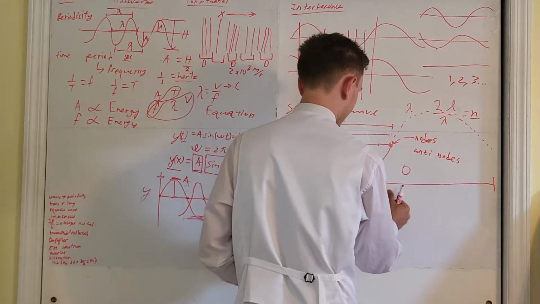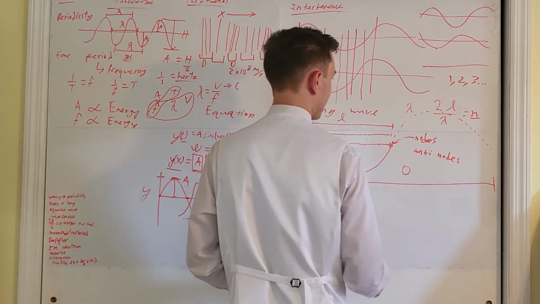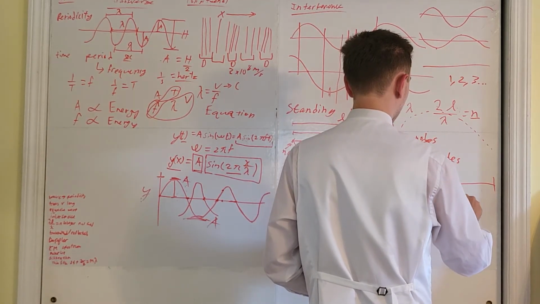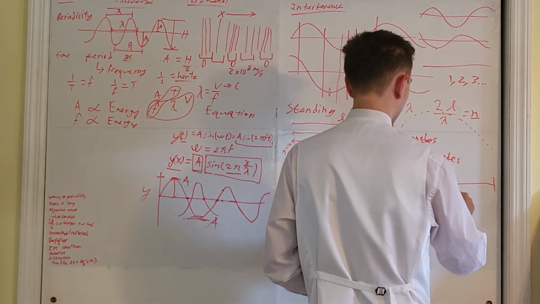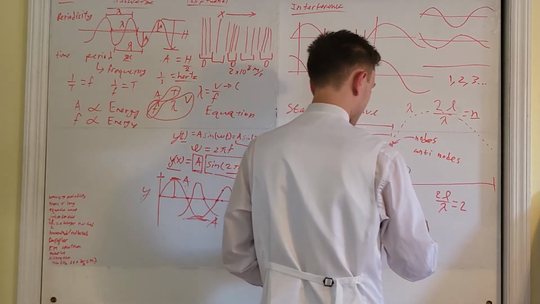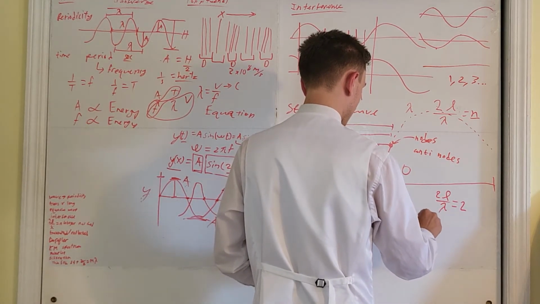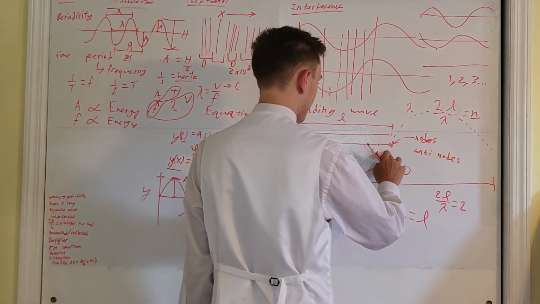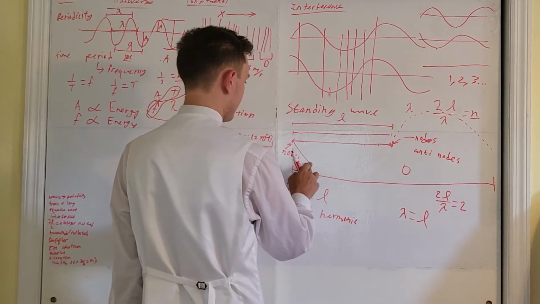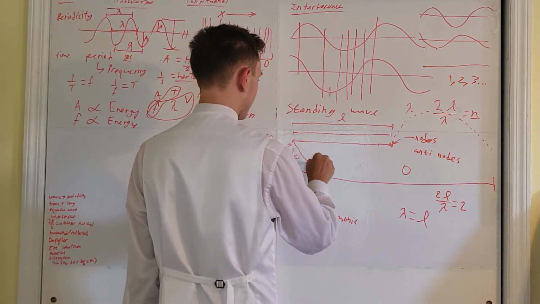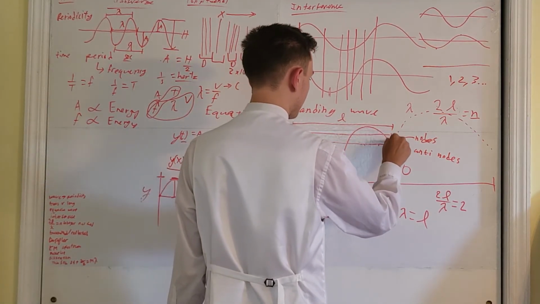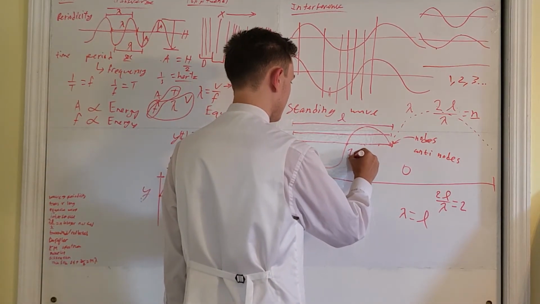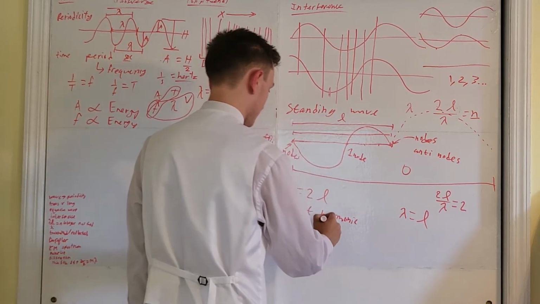The second harmonic, if we calculate that out, 2L over lambda equals 2. Therefore, lambda equals L, okay? If our lambda equals L, then our wave is going to look like this. So we have one node. And this is going to be our second harmonic.